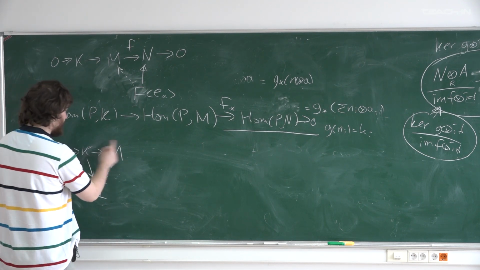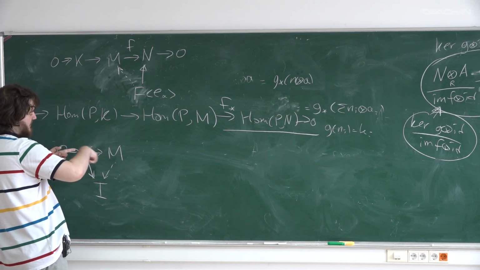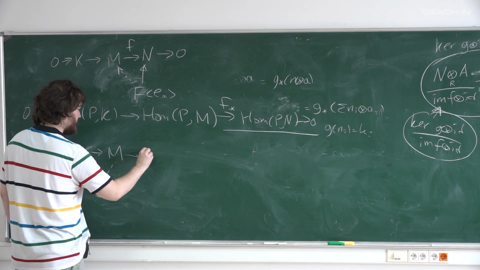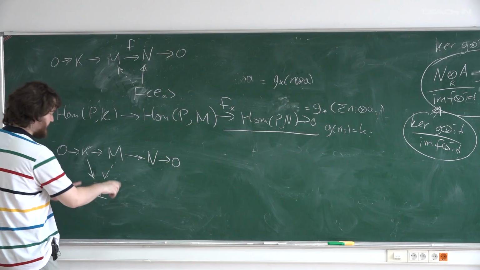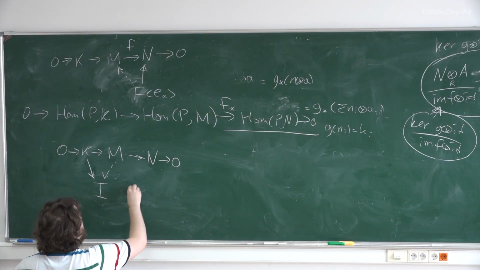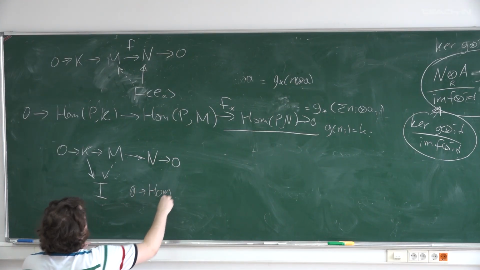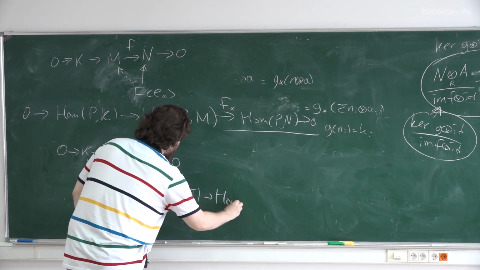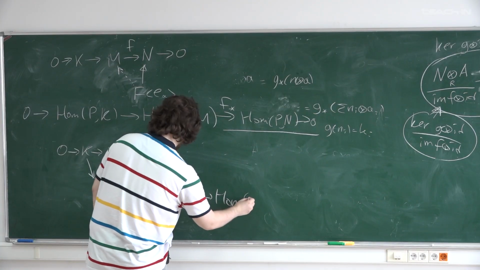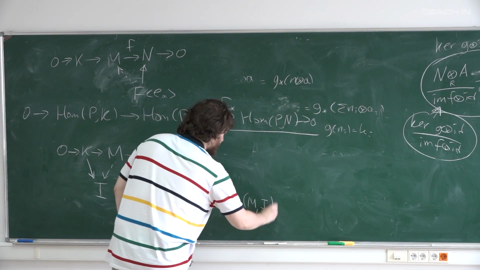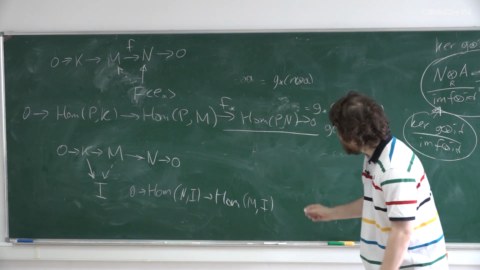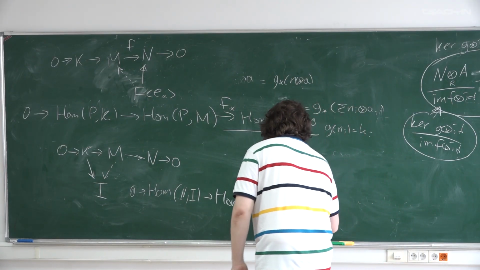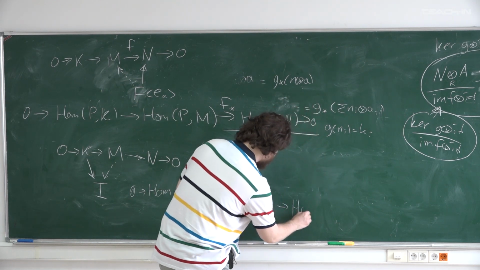This means that I can include my injection in a unique way into a short exact sequence. And this means that in the corresponding short exact sequence, this is of course always exact. We already proved this just now. But injectivity means that this sequence is also exact on the right.